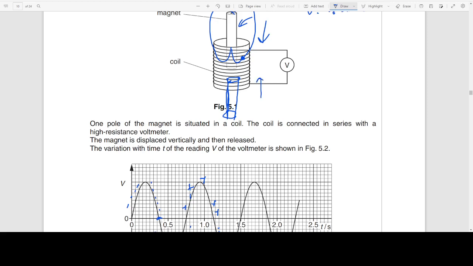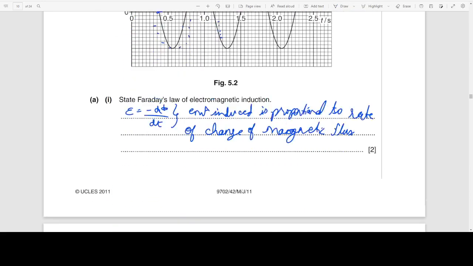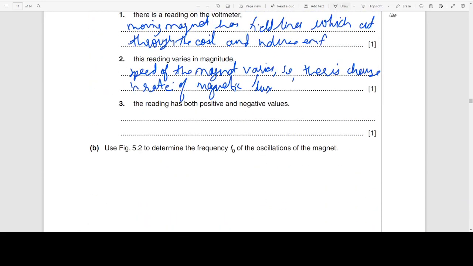Because the spring will try to pull the magnet up again. That's why it's going into the coil, then coming out, then going in again. So both of these have an opposite effect.